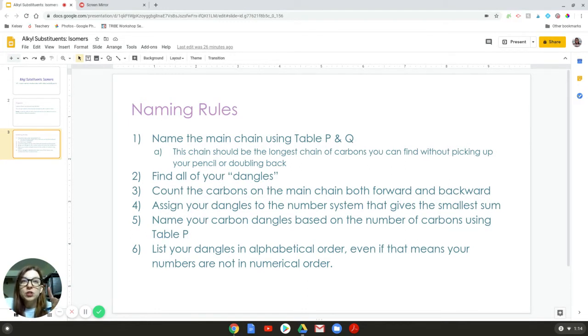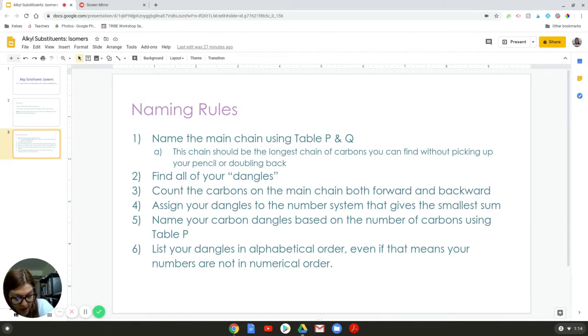The first thing we need to do is find the main chain. And this chain specifically needs to be all in a straight line, not necessarily a straight line, but you can't count by bringing your pencil backwards and doubling back, and you're not allowed to pick up your pencil and jump around between your different carbons. So you'll kind of see how that works in a hot minute.